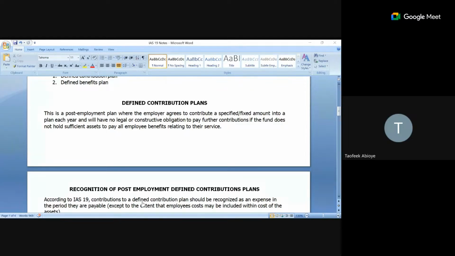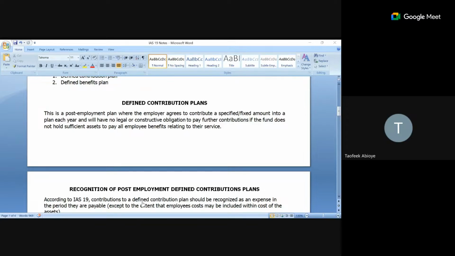If you look at this scenario, the pension plan does not cover it because the organization only has 80 million, not up to 100 million. So with a defined contribution plan, there will not be a problem, because from the beginning, the organization does not have a legal or constructive obligation to pay any other money beyond what they contribute. So that is a defined contribution plan.